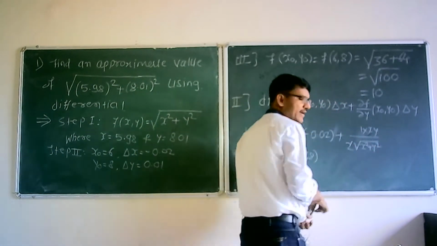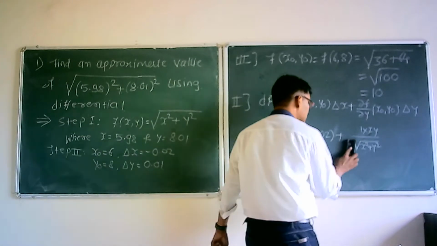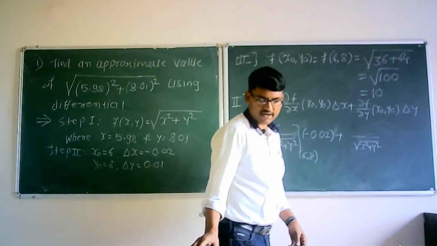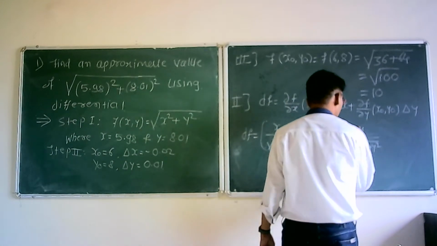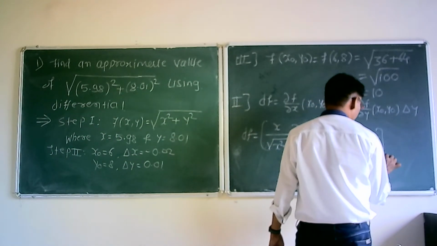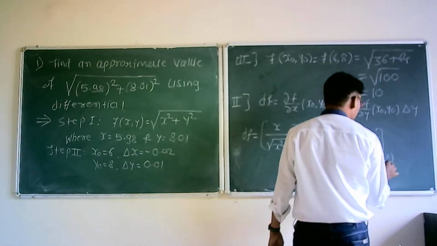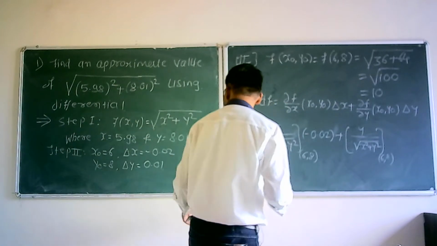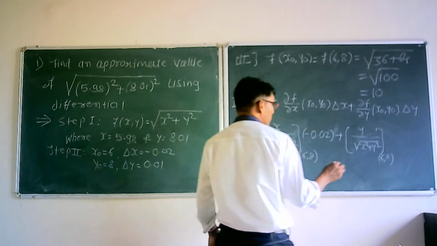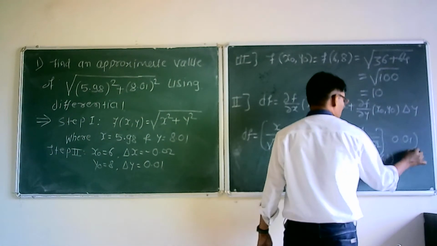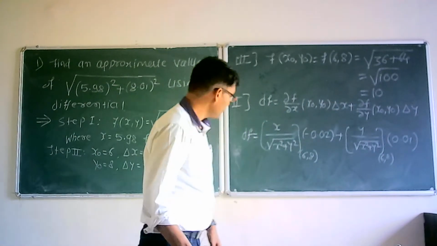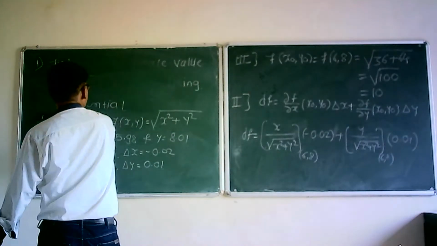So this 2 will get cancelled, and the answer will be y divided by under root of x square plus y square at x0, y0, which is 8, into delta y. So what is the delta y? Delta y is 0.01.